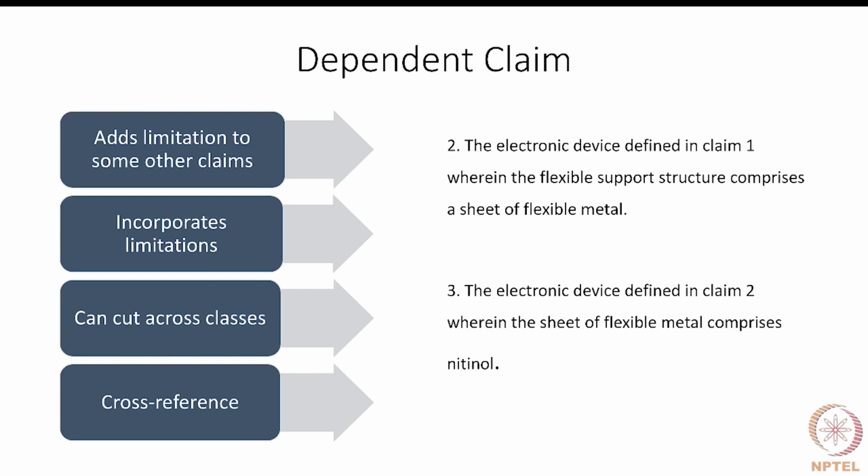So it can cut across classes. You can have an apparatus claim and you can have a dependent claim based on the apparatus claim, but it is not necessary that an apparatus claim and its dependent should belong to the same class. It can cut across classes and there will be cross references. As you can see here, this cross refers to claim 1 and here it cross refers to claim 2.